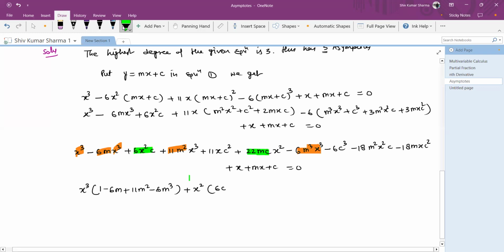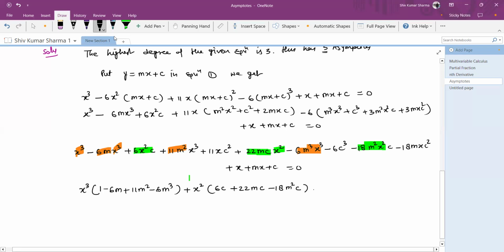So this is the next term, plus 22mc. Now next term is minus 18 m square c. Okay, so these are the x square terms.